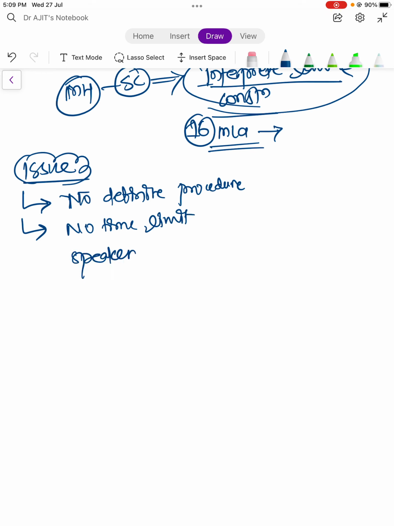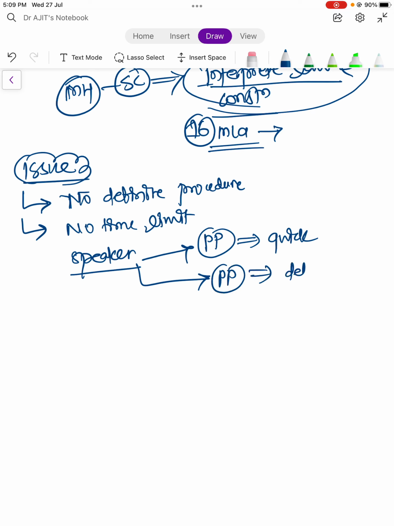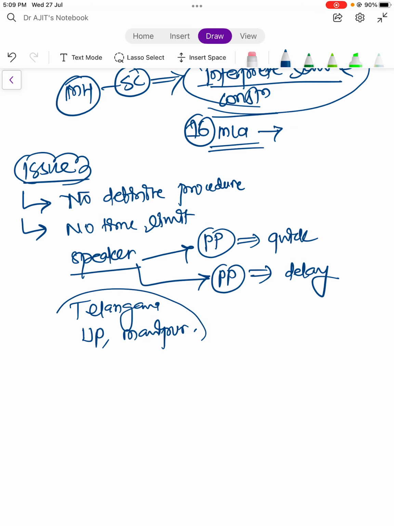So the speaker, most of the time, if the decision is favoring his political party, will take it very quickly. If the same decision is going against his political party, he will delay that decision. And this discretion is used by the speaker in case of Telangana, in case of Uttar Pradesh, in case of Manipur. You can give these examples to substantiate your point, right?